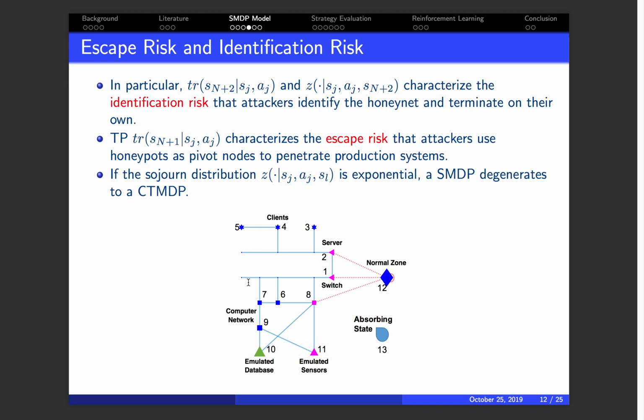In particular, the transition probability and the sojourn distribution also capture the escape risk and the identification risk. If the next state is S_{n+2}, it means the attacker has identified the honeypots and terminated on their own, and S_{n+1} means the attacker has escaped to the normal zone.